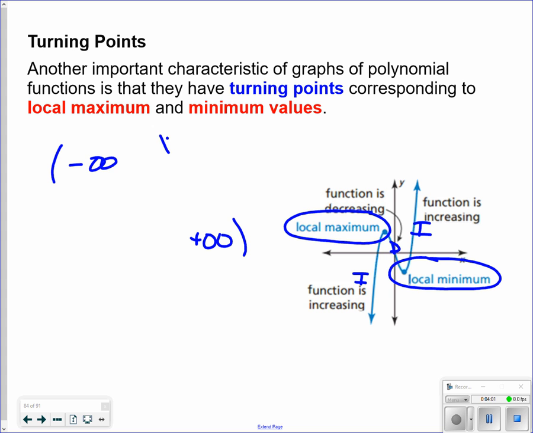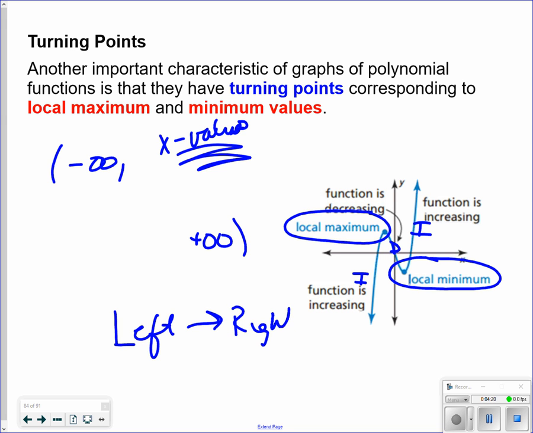And it's always the x values when we're doing our intervals. So one of them is going to start off with negative infinity, and one of them is going to end with positive infinity as we go from left to right. We always start at the left and always end at the right.